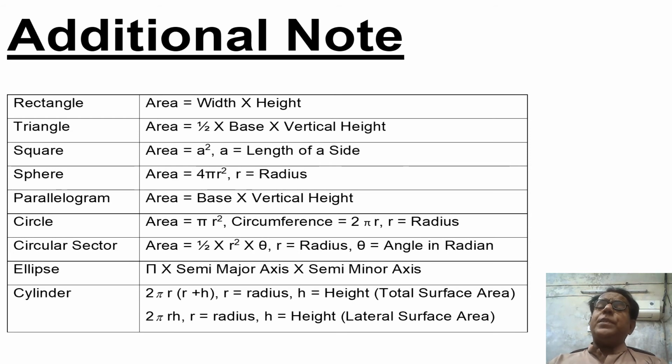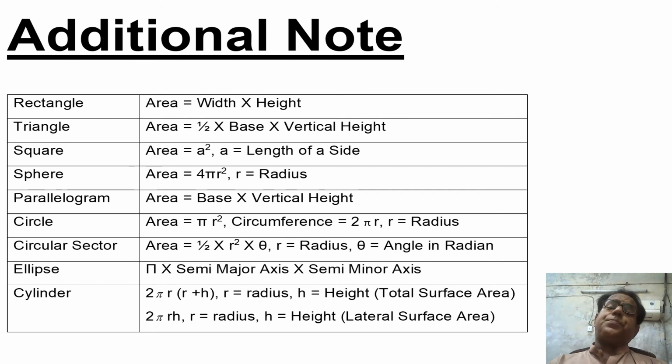At the end of this module, we will show you a slide in which various symbols will be given, in order to remove this confusion that at some places pi is written in some different style, and at some other place pi is written in some different style.